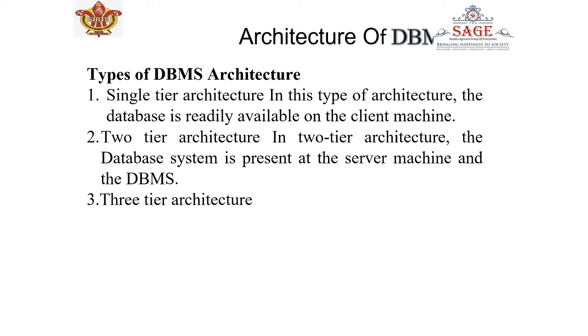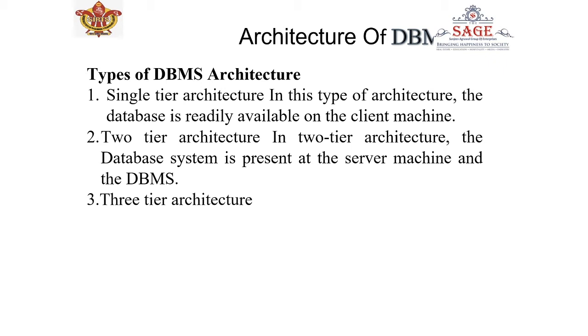Right? For example, if we want to fetch the records of employees from the database, and the database is available on our computer system, the request to fetch employee details will be made by our computer, and the records will be fetched from the database by our computer as well.